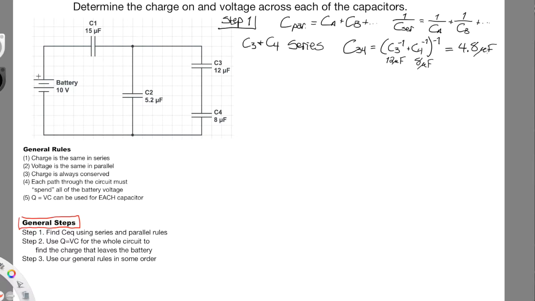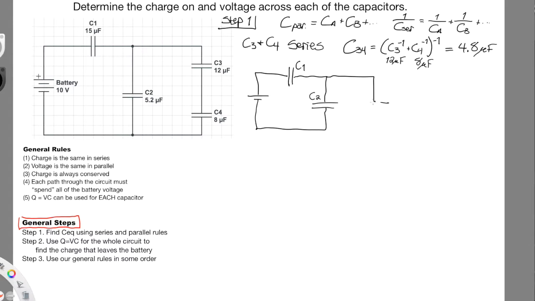Now, let's redraw the circuit. It can be helpful to do this. So we've got still C1 up here, C2 down here. Haven't done anything with those two yet, so we can just connect them how they were before.